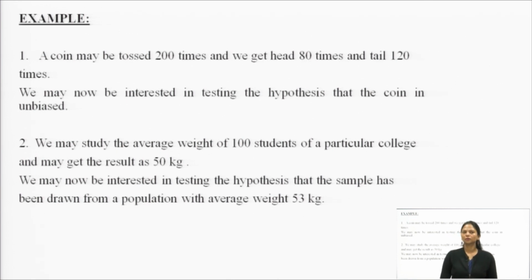If I am tossing a coin 200 times and I am getting head only 80 times, I will get a question as to whether this coin is biased or unbiased. So, this is one question on which I can make a hypothesis.